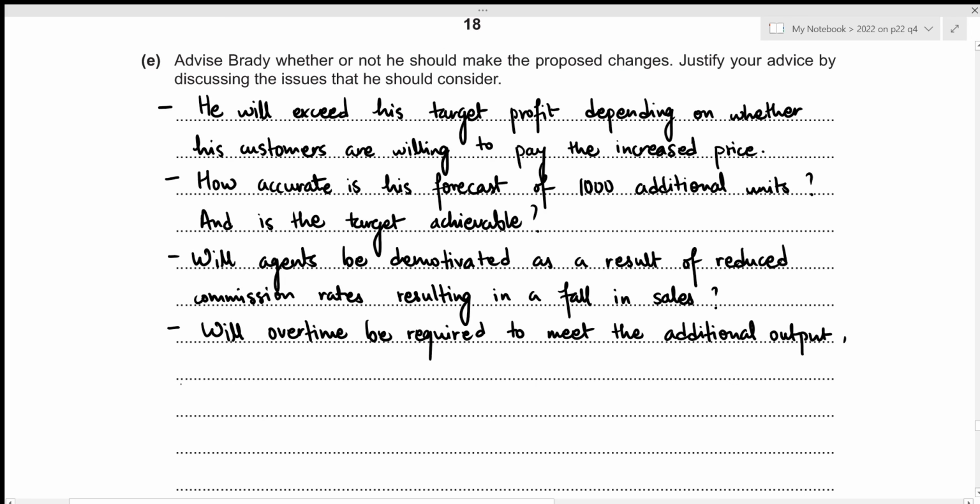And will workers be prepared to work overtime?